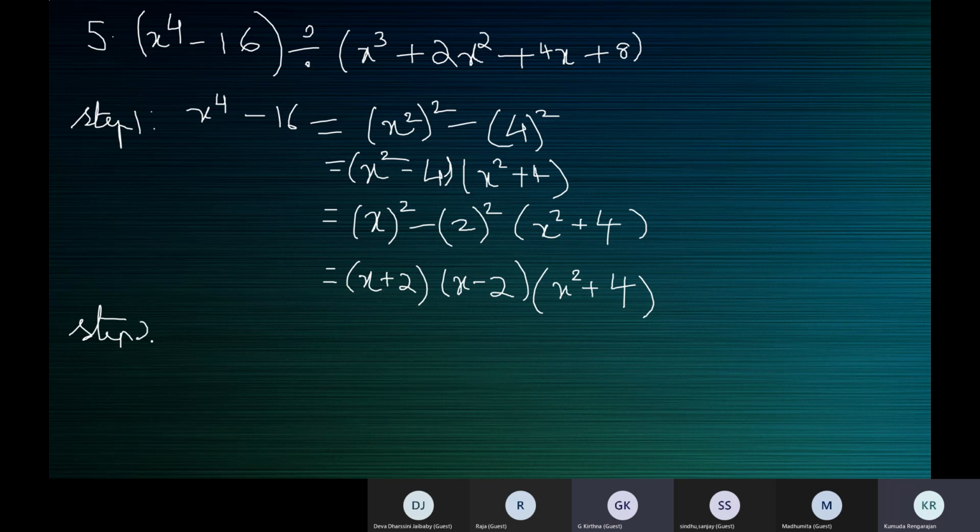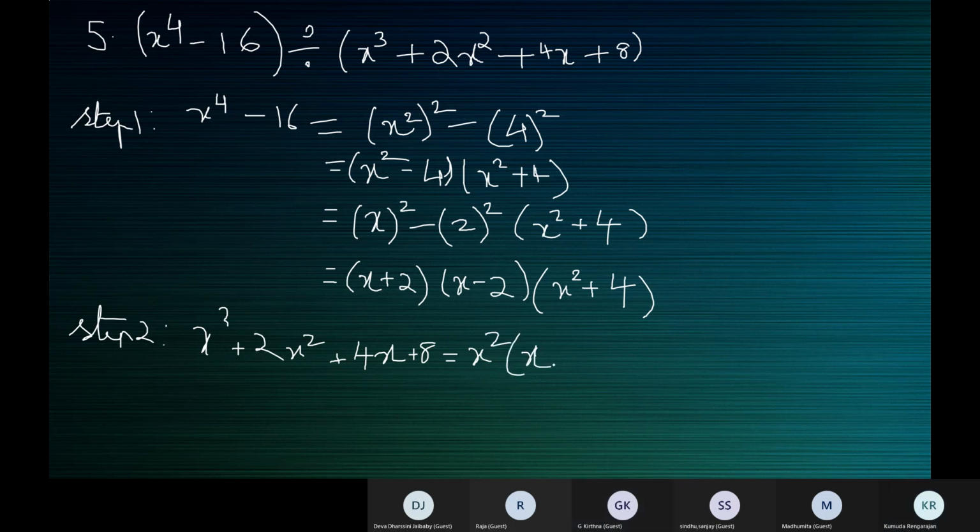Yes, ma'am. So I grouped x cube plus 2x squared and 4x plus 8, ma'am. Okay, 1 minute. Let me just write. So x squared of x plus 2 plus 4 of x plus 2, ma'am.